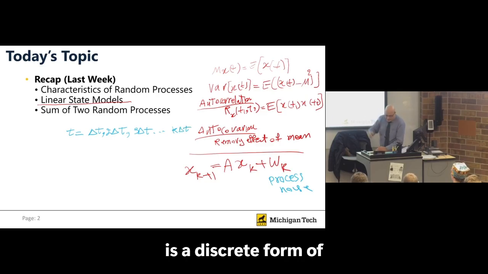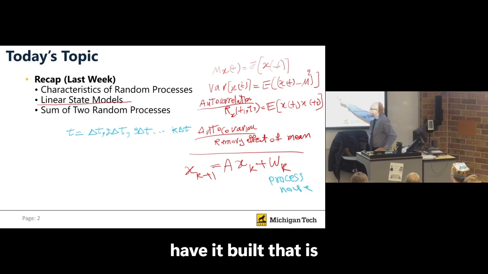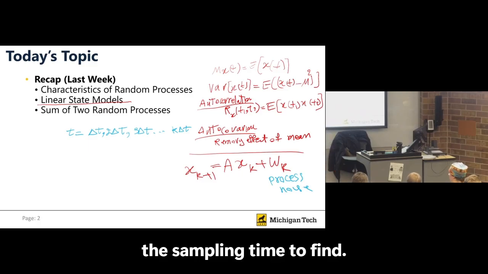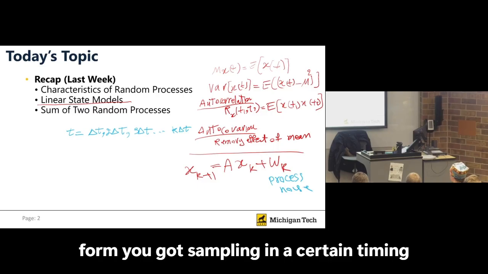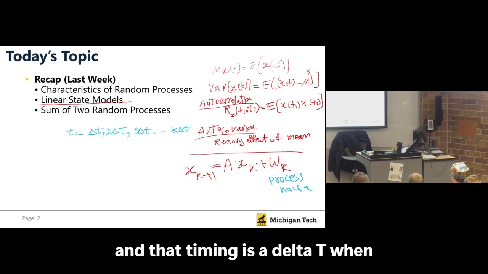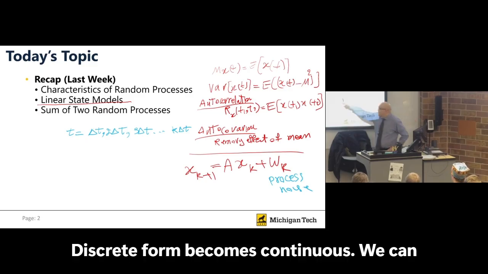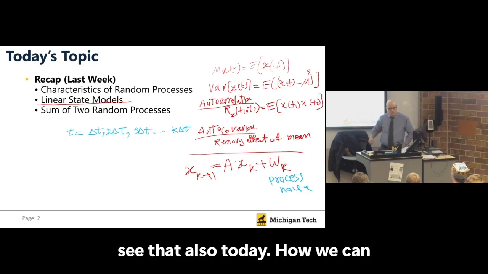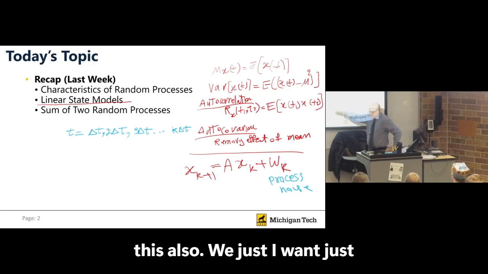So this k is a discrete form of those numbers, 1, 2, 3 to k, but we have a delta t that is a sampling time to find k, because this is a discrete form. Discrete form, you got sampling in a certain timing, and that timing is a delta t. When delta t goes to 0, discrete form becomes continuous. We can see that also today, how we can do that. So anyway, we studied this also.